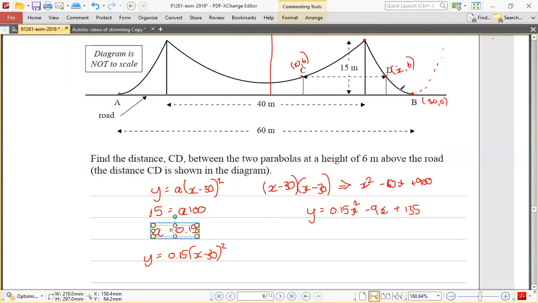Because y equals 6. Yes. So if y equals 6, oh yeah, because that's the point. We're doing that. y equals 6. So that becomes 0.15x squared minus 9x plus 129 equals 0, and that becomes 1.36 and 24. Okay, so x equals, let me go back.